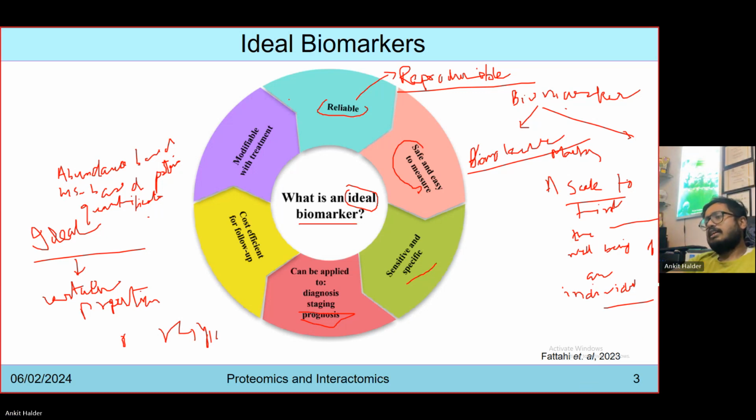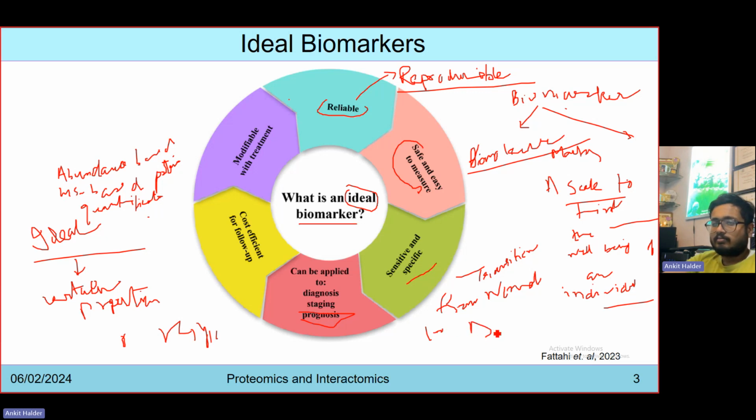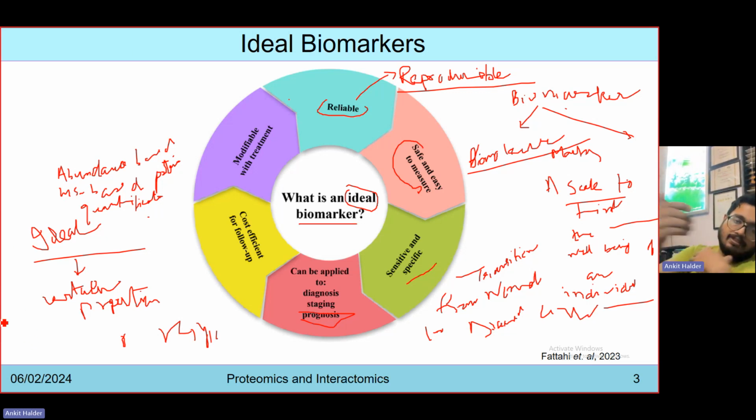Whenever there is a transition from normal to diseased condition, a certain marker level increases. So what I mean to say is that when you are transitioning, you are in a normal condition.